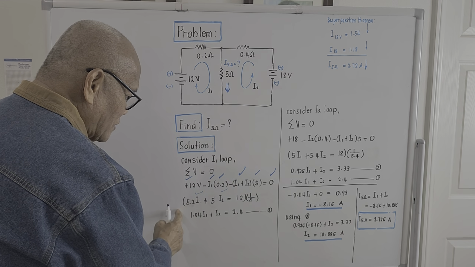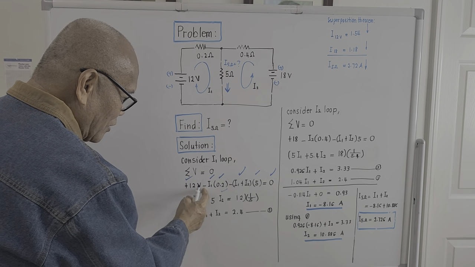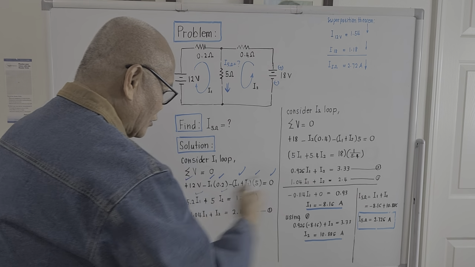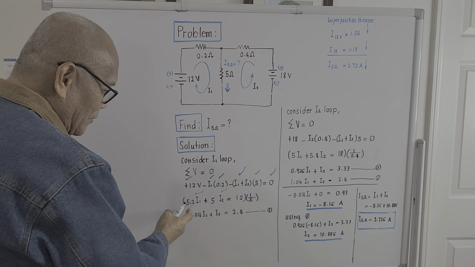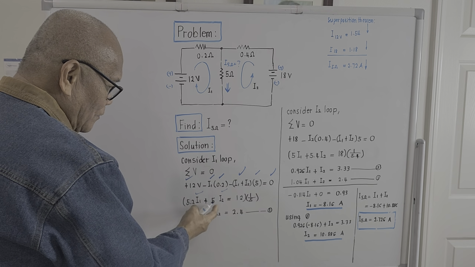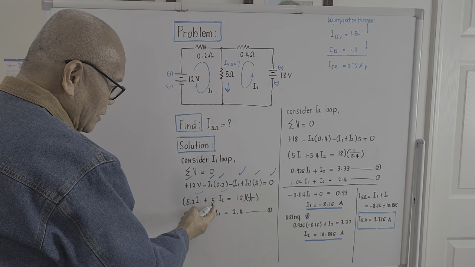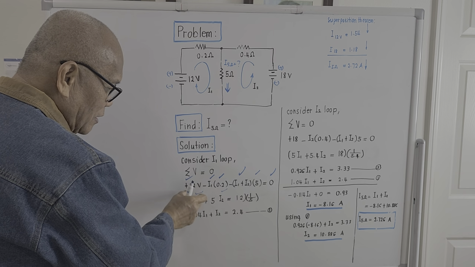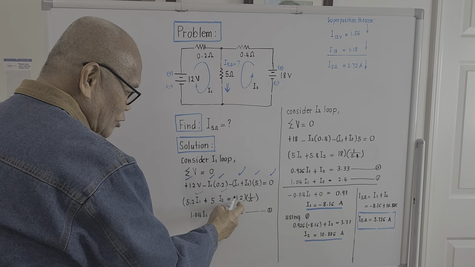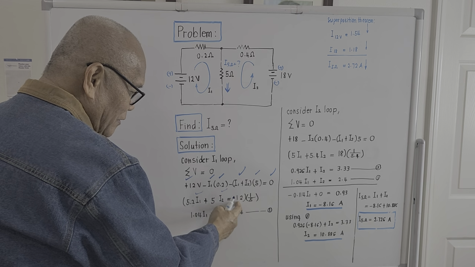This is now plus because these are both negative. We transpose it to the right, then we try to rearrange it. So they are both positive now: 5.2 I sub 1 plus 5 I sub 2. And for the left hand side, this will remain on the left, but we rearrange it so this will now be on the right. Okay?